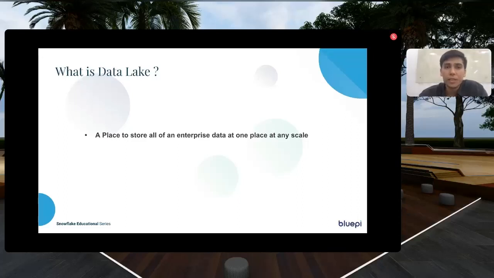The main reason is, let's say you are working for a big enterprise, or you have a project for an enterprise which has 5 to 10 databases. If you want to do some cross database analysis, you would need to have that data in one place to be able to pull out meaningful insights out of that data.